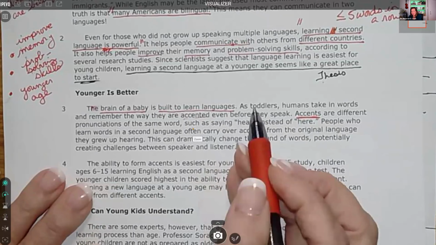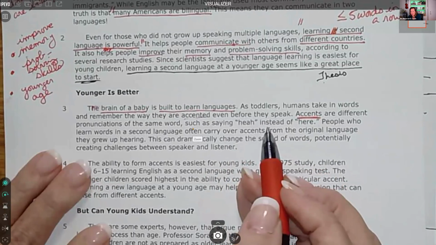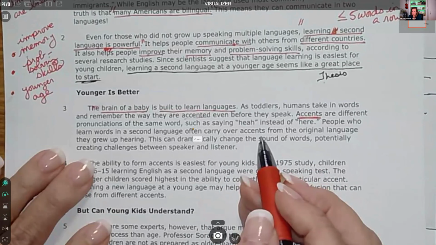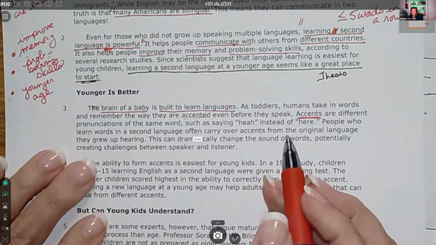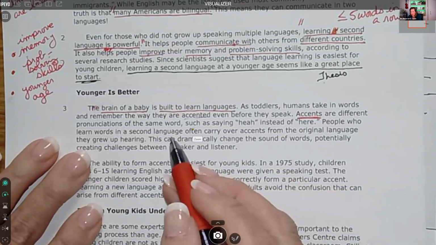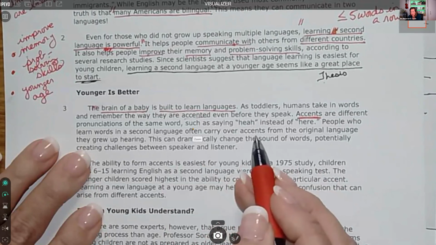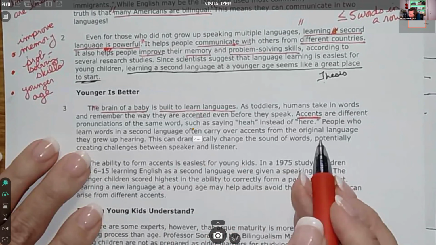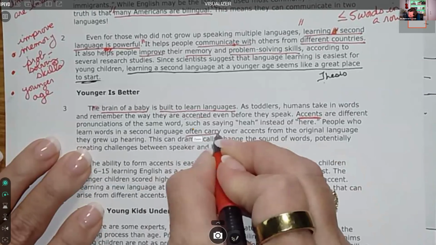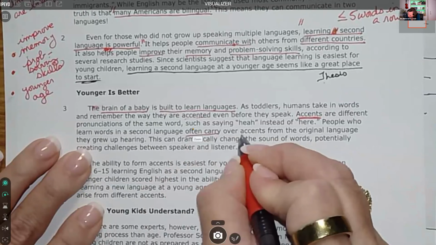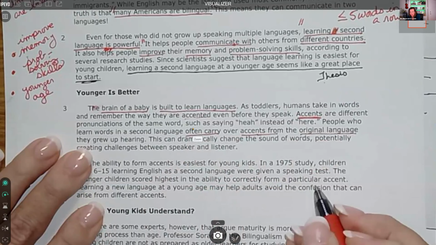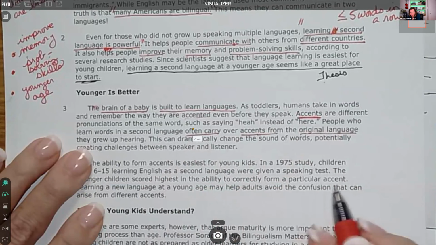So I'm going to say to my students, now, did you understand that? Because the first time you read something, sometimes you don't understand it. And I say that to my students. Now let's read that again. People who learn words in a second language often carry over accents from the original language they grew up hearing. So they often carry over, right, accents from original language. That's the gist of this paragraph.